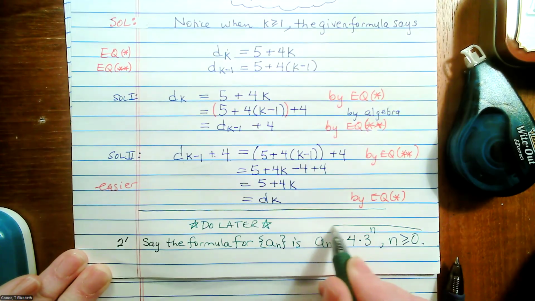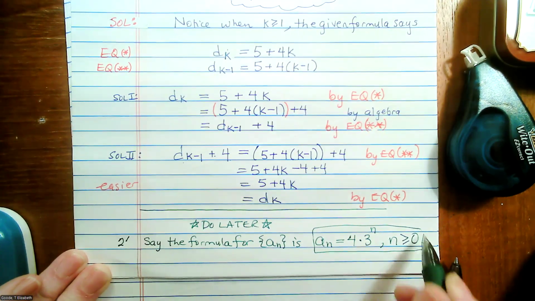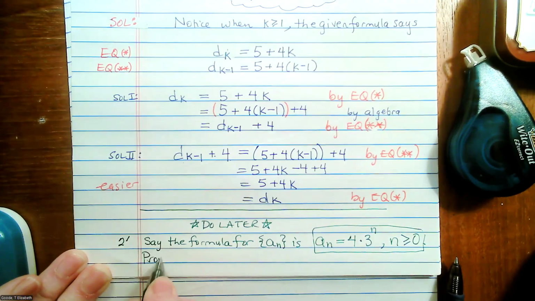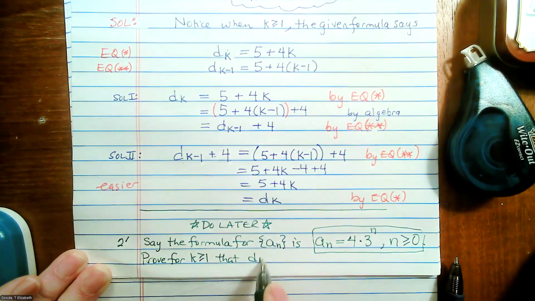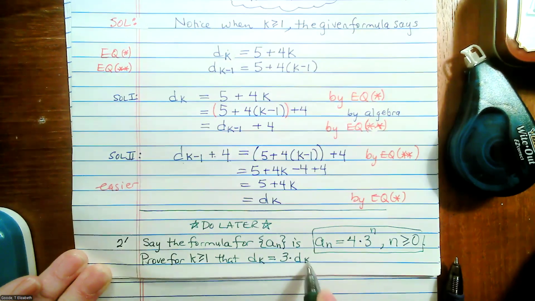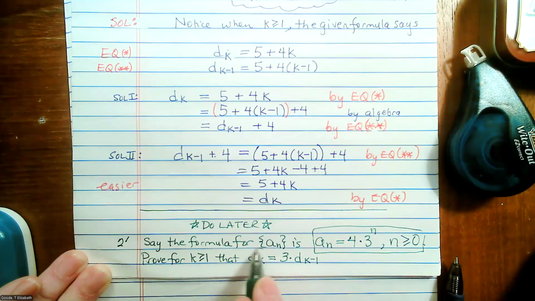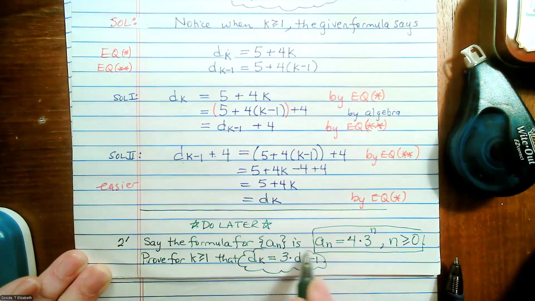So that's given. Prove for k greater than or equal to 1 that d sub k is equal to 3 times d sub k minus 1. That's our wish.